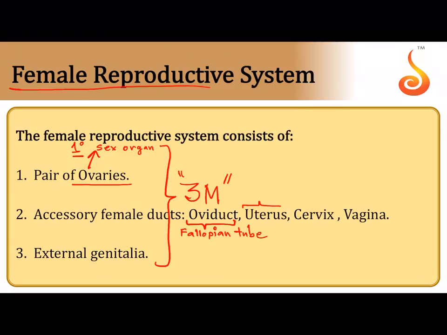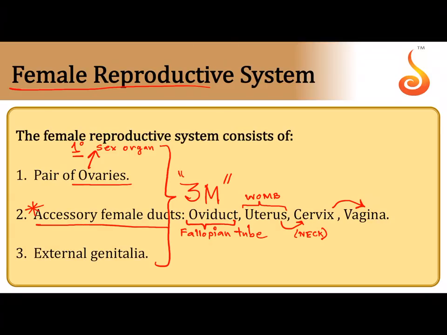And then the uterus. And what is the common name for the uterus? It is called the womb. And then the neck of the uterus. The neck of the uterus is called the cervix. And finally the vagina. So these are referred to as the accessory ducts of the female reproductive system. And then moving on to the external genitalia. The technical term for the external genitalia is the vulva.